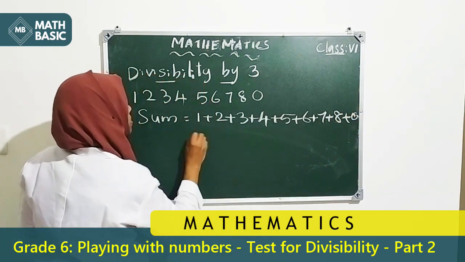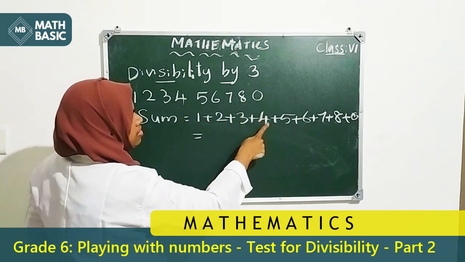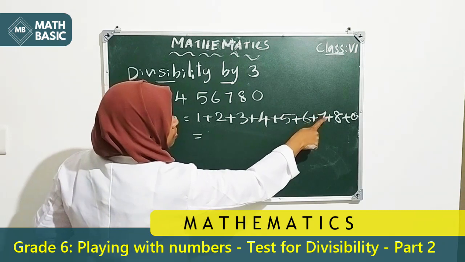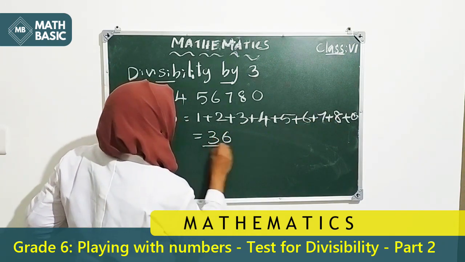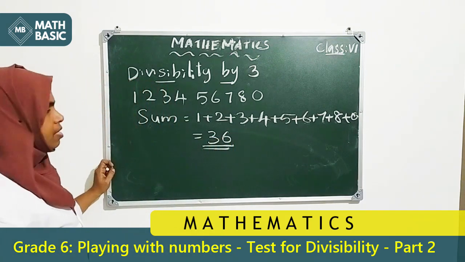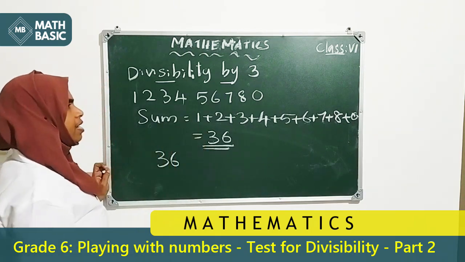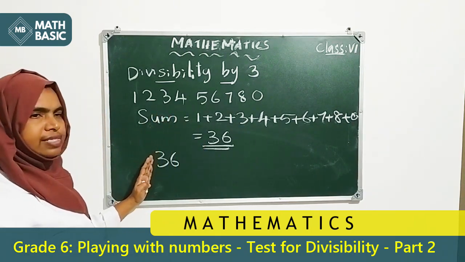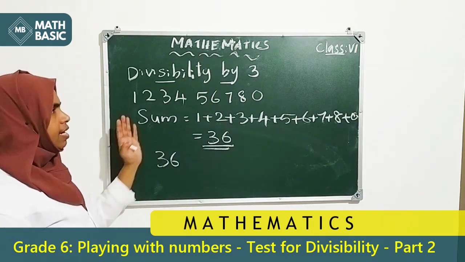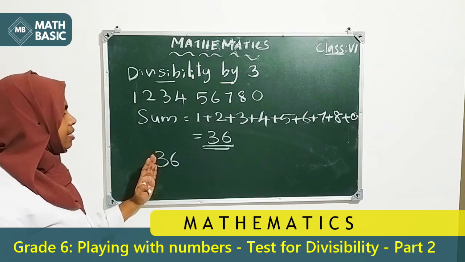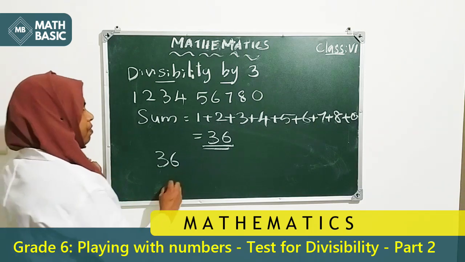Add these numbers: 3, 6, 10, 15, 21, 28, then 36. Here the sum is 36. Just check whether this 36 is divisible by 3, or we can say whether 36 is a multiple of 3 or not.